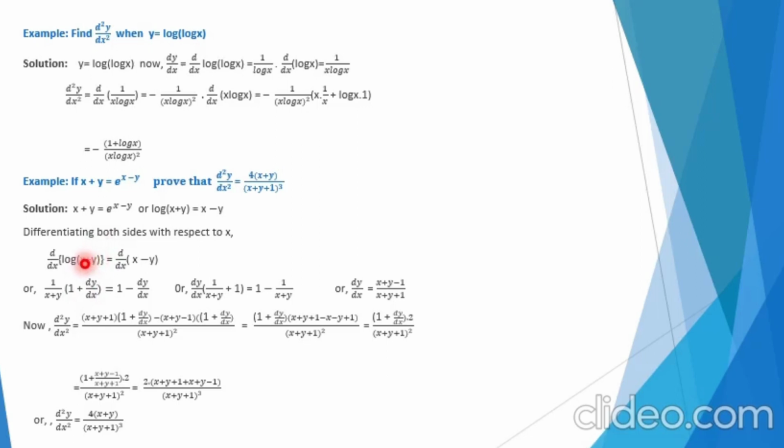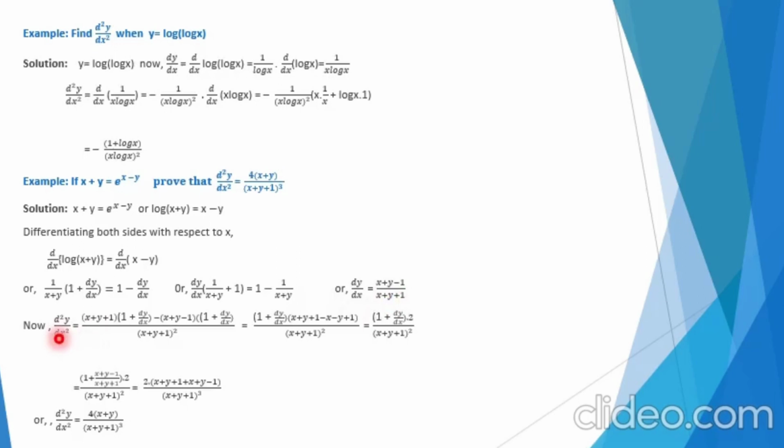Therefore the derivative of x is 1 plus the derivative of y with respect to x, dy dx, equals the derivative of x with respect to x, which is 1, minus dy dx. Taking dy dx common, we get dy dx into 1 by x plus y plus 1, that is equal to 1 minus 1 by x plus y, or dy dx equals this one.